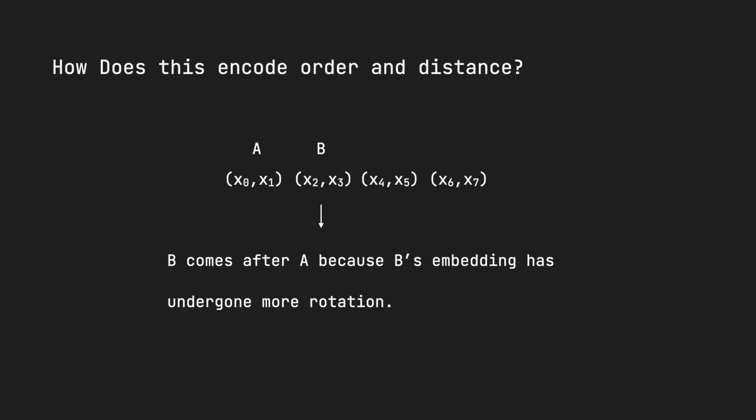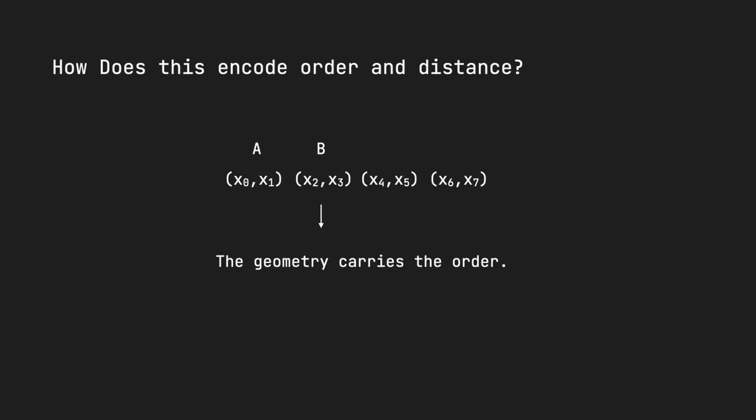So it allows us to encode information using rotations. Geometry carries the order in this example, and we're able to do this because I have an SO(2) group defined and apply it as an action to each of these pairs.